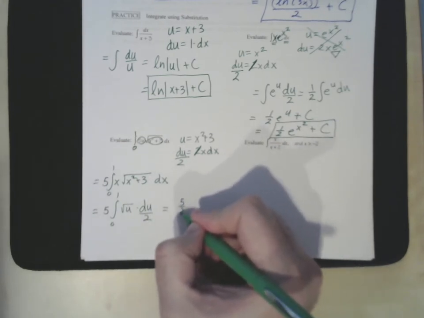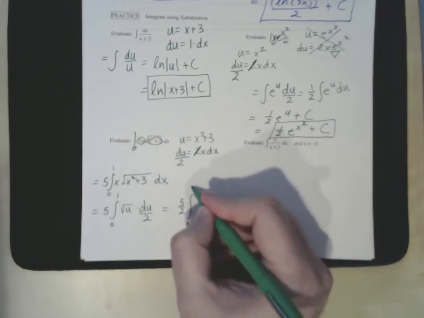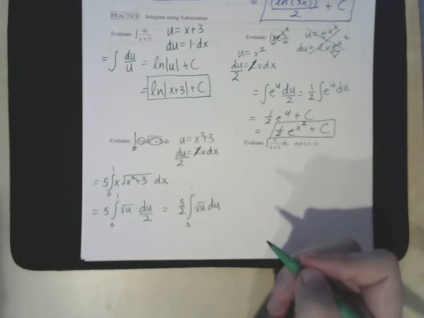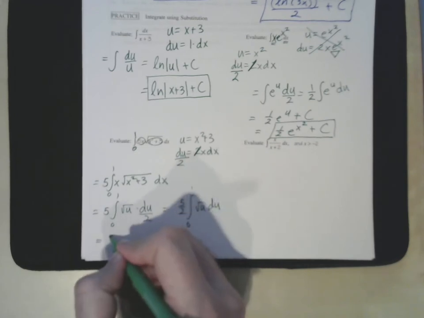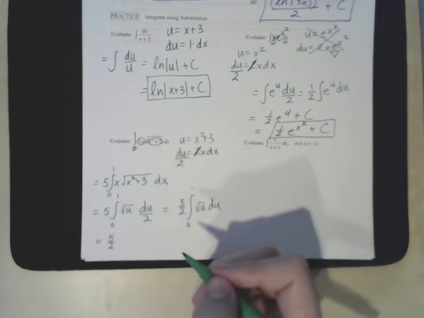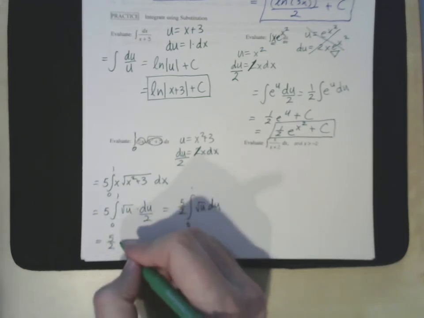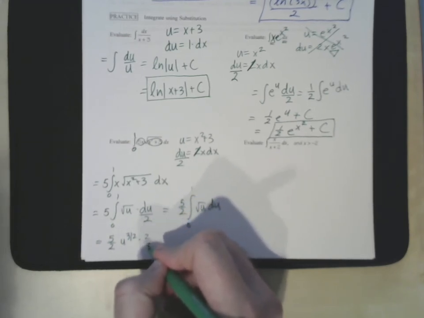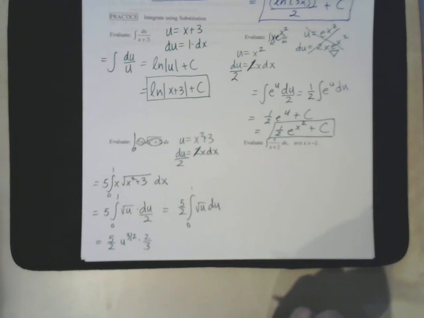Pull the 1/2 outside to go with the 5, 0 to 1, square root of u du. And we know that the antiderivative is then going to be u to the 3/2 times 2/3, since the power here is 1/2.